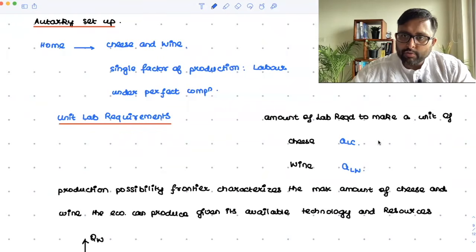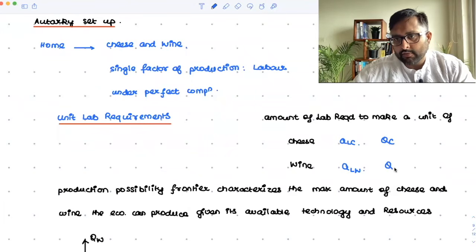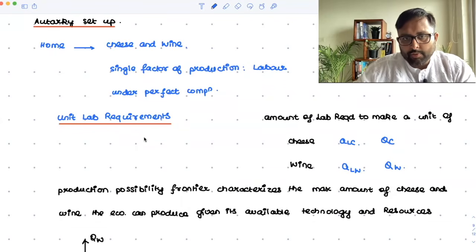And you want to produce QC units of cheese and QW units of wine. So how much labor is going to be required to produce cheese? That is ALC QC. How much labor is required to produce QW units of wine?